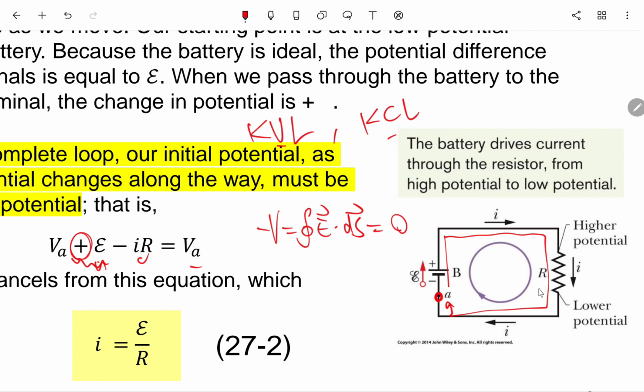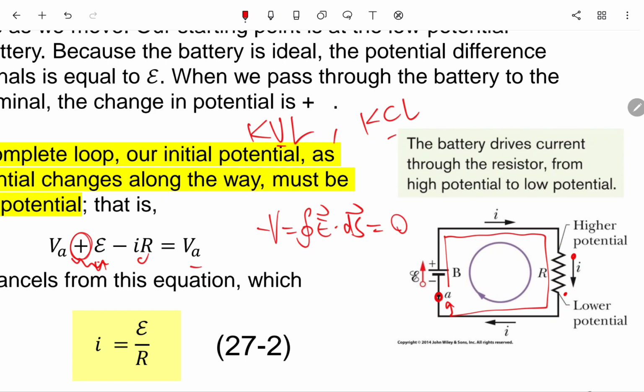And then here, we go through a resistor. So going through a resistor, the potential difference will be IR, and actually this potential will be consumed by this resistor, which means that this is the source of the current, this is the end point of this current, at least for this resistor.